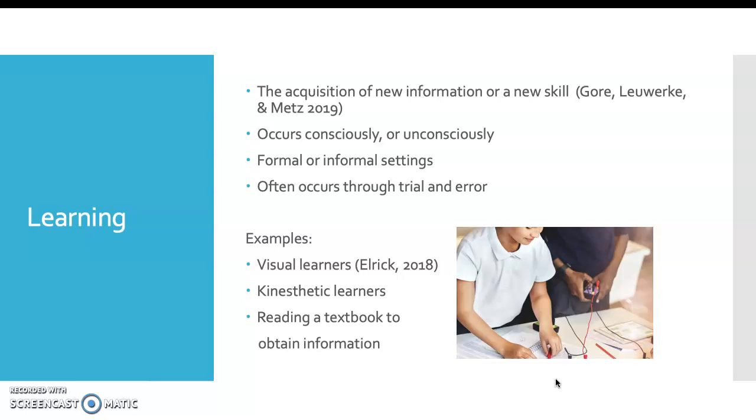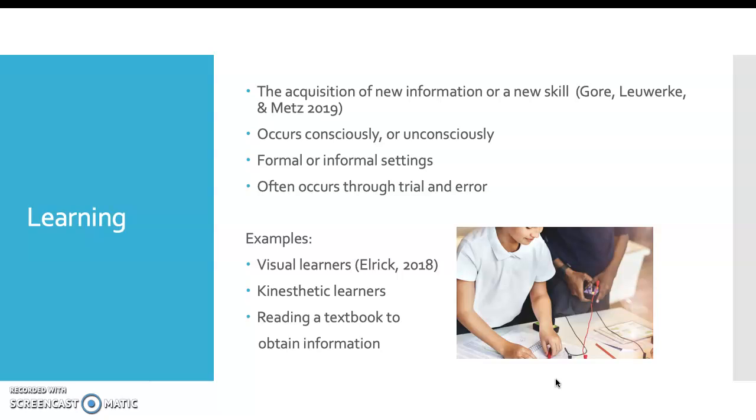So some examples of different types of learners. Visual learners typically learn by seeing or observing things. So pictures, diagrams, graphs, written directions tend to be really helpful for these types of learners. Kinesthetic learners or tactile learners, they learn through experiencing or doing things.